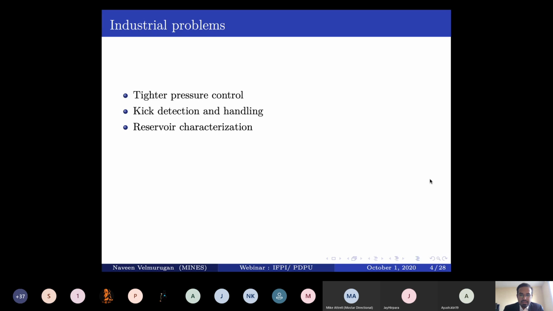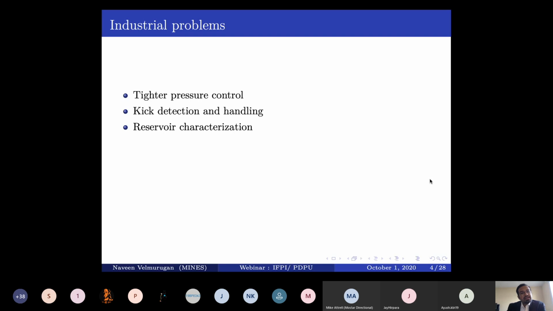You have more uncertain reservoir zones, so you need to have an accurate or tighter pressure control. And since you are drilling deeper in more uncertain situations, you have a high risk of having an influx. So you would also want to detect if there is a kick, and if so, you want to handle it better. And you want to do everything within limited time because time is money.